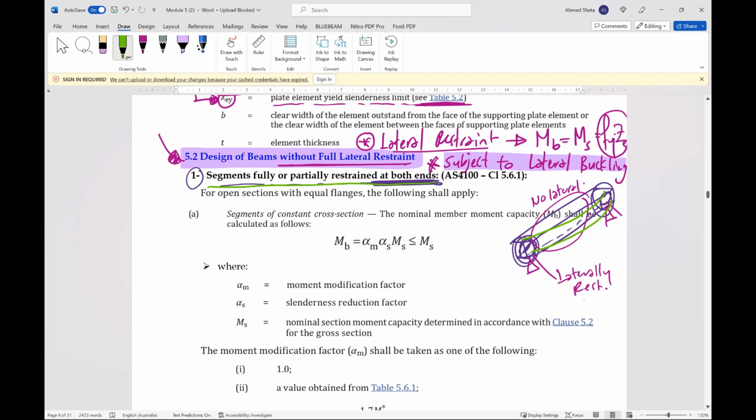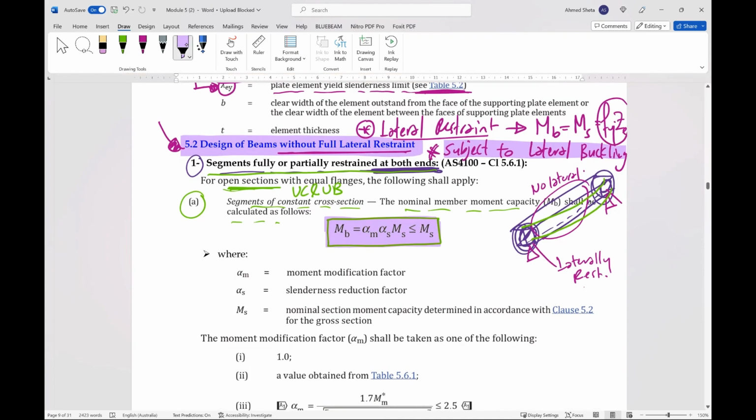So in this case, for open sections, which are like UC or UB sections, as we know, with equal flange, we have to apply the following. So for a segment of constant cross section, the member capacity MB is as follows. So this is the member capacity of beams without lateral restraint, but restrained at both ends.